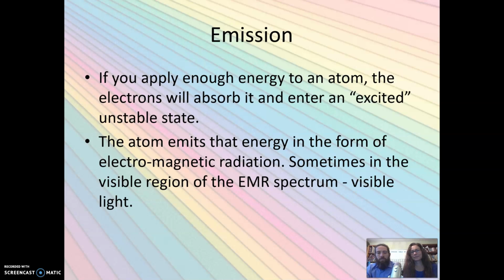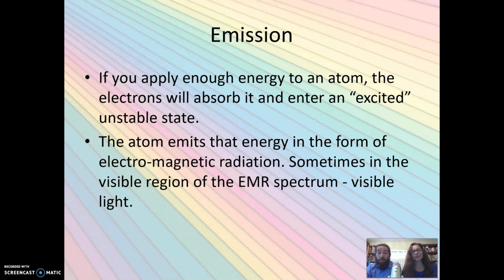When we add energy, the electrons in that atom go to what we call an excited state, which is a higher energy. They've absorbed some of that energy from the flame, and this isn't a stable place to be for that electron. It won't stay there very long, and it'll go back to the ground state, the lowest energy level that electron can go to.